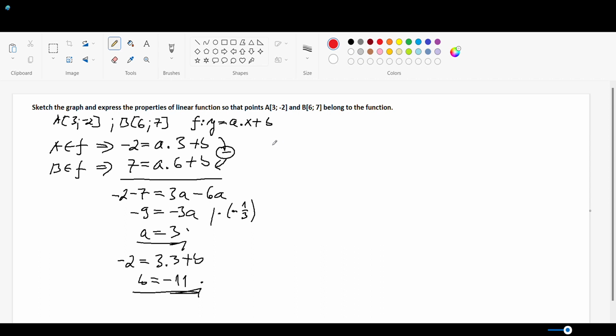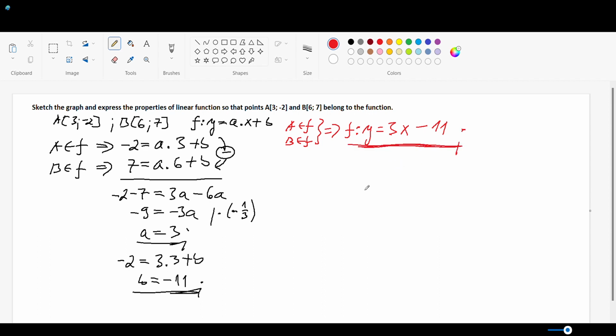So we eliminated one of the terms in the equation. The conclusion from this would be that our function, so that point a belongs to the function and point b belongs to the function, would be the function defined by the equation y equals, we found out a is 3, so it's going to be 3x, and as b is a negative number, it would be plus minus 11, but we don't use this kind of notation anymore, because we know that plus and minus will lead to -11.